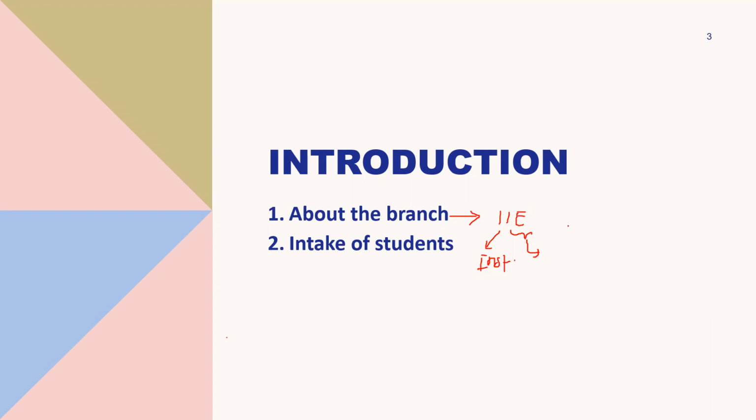This branch comes under the electrical engineering department at IIT Kharagpur, not under EC. So be very careful, it comes under electrical engineering. I cannot say that it is a newly established branch, but we can say that its name has changed.